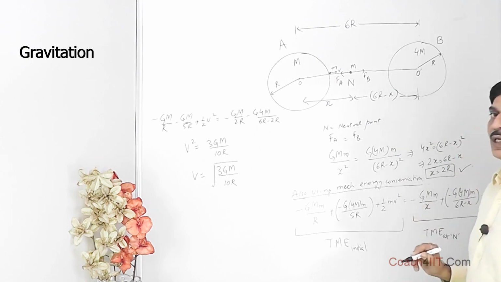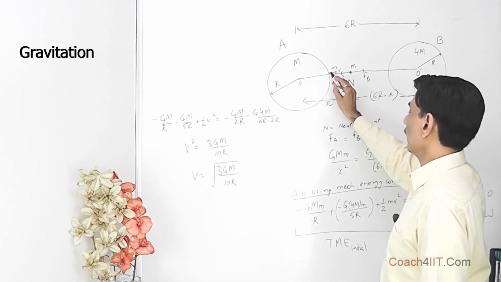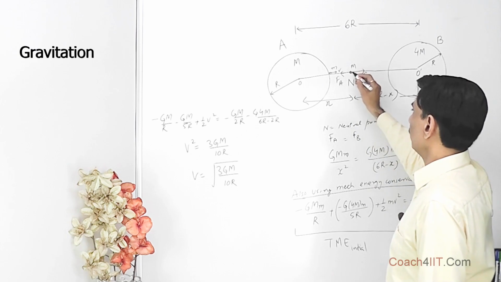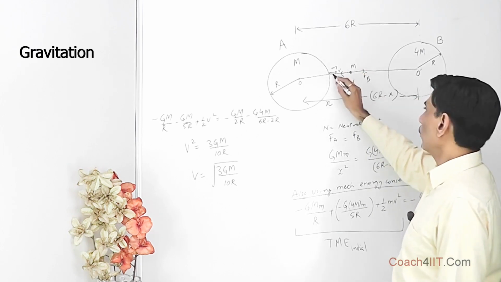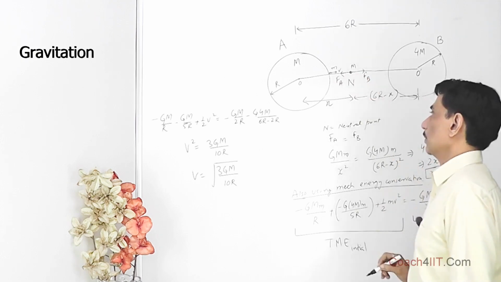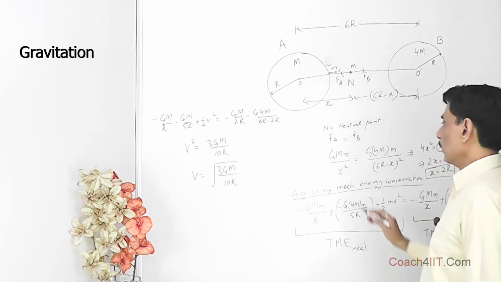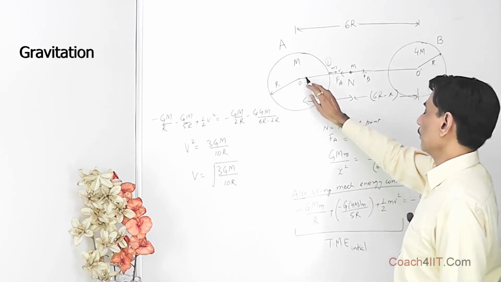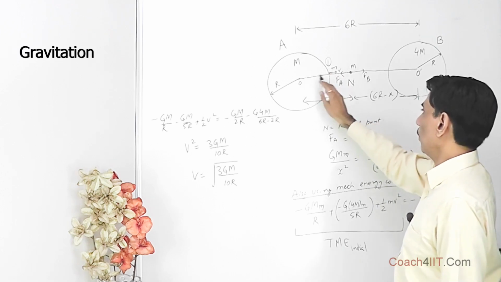Now, if we use the conservation of mechanical energy principle, first we find the total mechanical energy when this mass is over here, and then the total mechanical energy when this mass reaches the neutral point. We'll equate the two, and from there we'll get the equation. At position number 1, at the surface of this sphere, the gravitational potential energy between the mass and this sphere is minus GMm upon r.